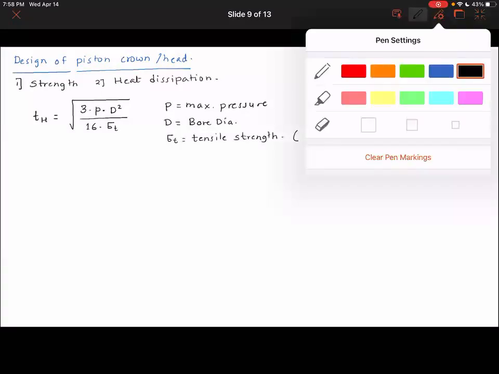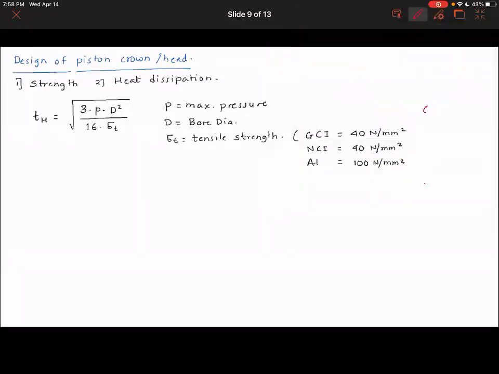But I want to give you a word of caution. These strengths are on the higher side. So if we want to be safe, we should select the strengths on the lower side. Because based on my experience, almost always the piston failure happens in the heat, not in the strength.